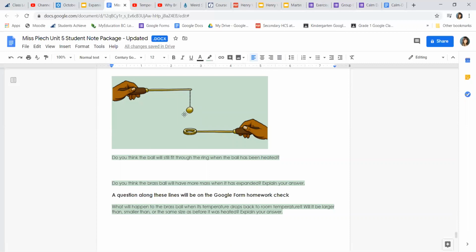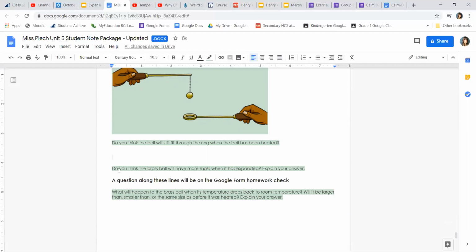Is it still going to be able to fit through here? Keep in mind the question. It's not asking if both are heated, will it be able to fit through? It's asking, what if it was just the ball that was heated, and will it fit through this apparatus anymore? You need to answer that question.